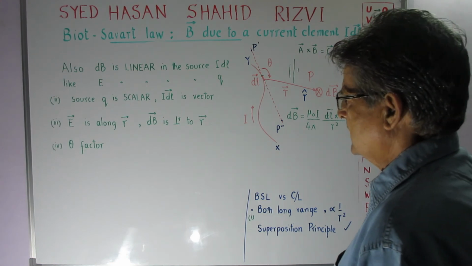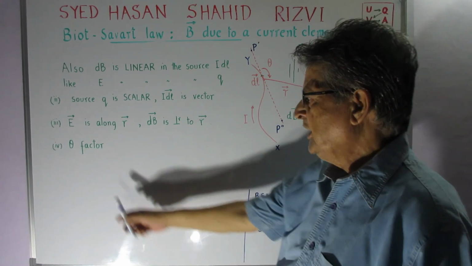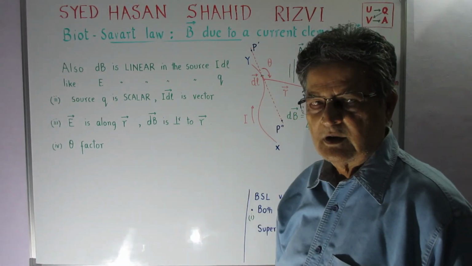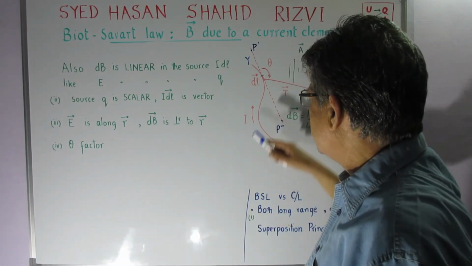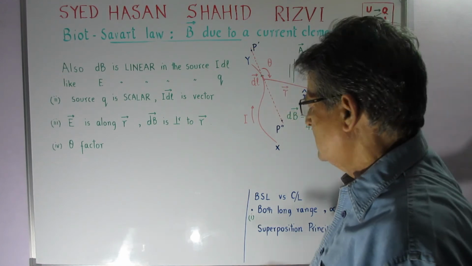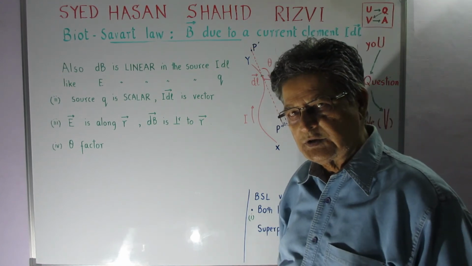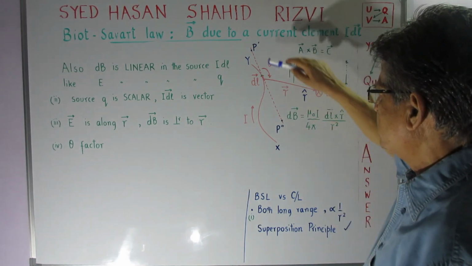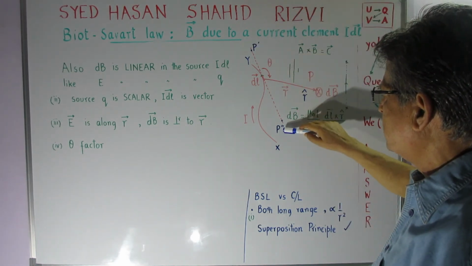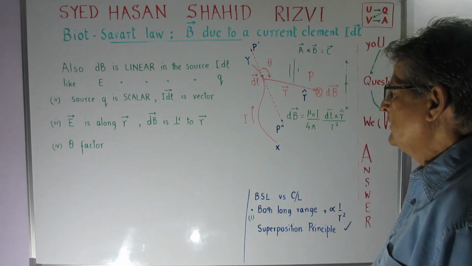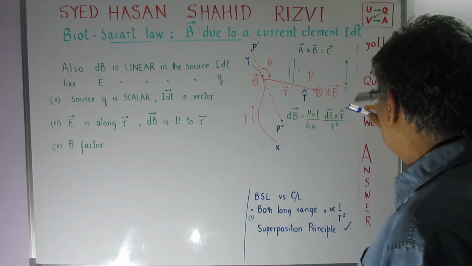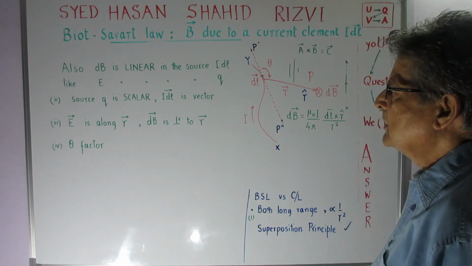Then there is the sine theta factor: if the angle between dl and r is 0 degrees or 180 degrees, which is the case for the points P prime and P double prime that I have shown here, the value of the magnetic field will be equal to 0, which I did show here.